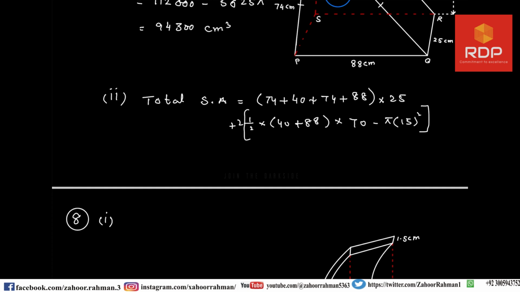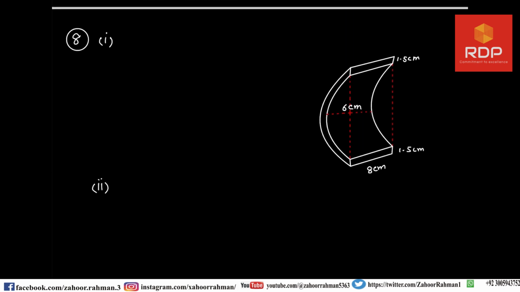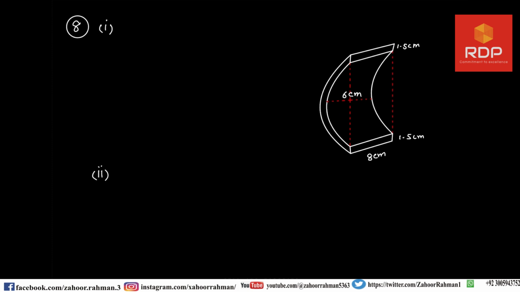After this we have to add 2 pi into 15 into 25, and as a result we will get 16,800. I already calculated that, so I am writing 16,800.